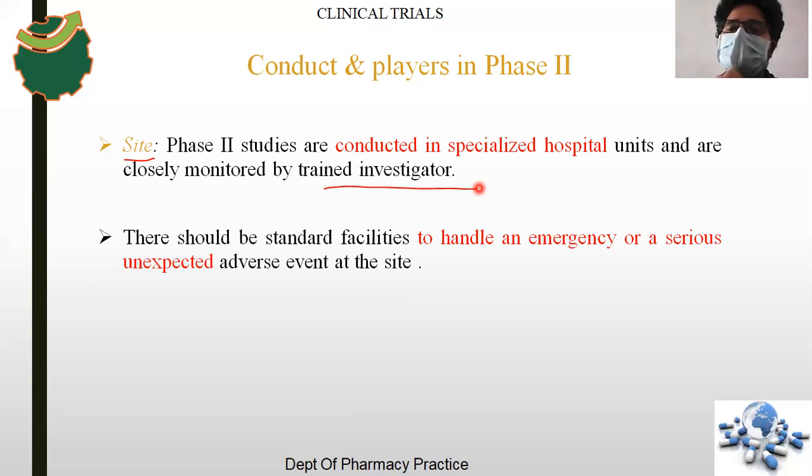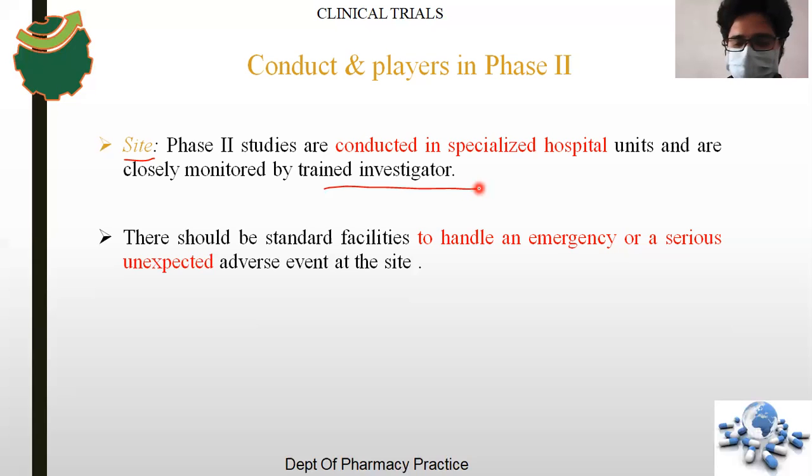But if you see the types of ADRs, type A and type B: type A we can predict, type B we cannot predict. It's bizarre, not dose dependent, and we cannot predict it. Sometimes it may happen in some patients and sometimes it may not. Even the same patient may experience it sometimes and not at other times. So that's why you should be ready to handle any emergency, serious conditions or adverse events at the site.